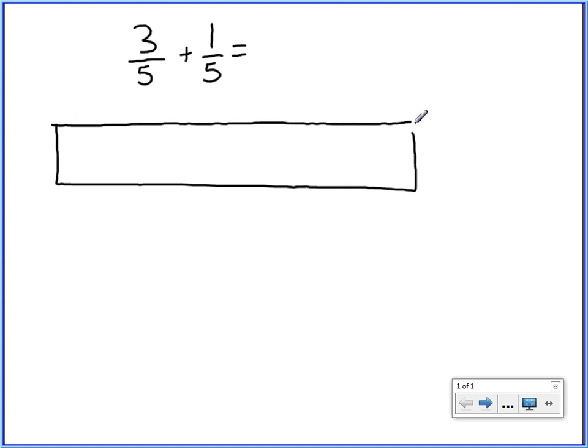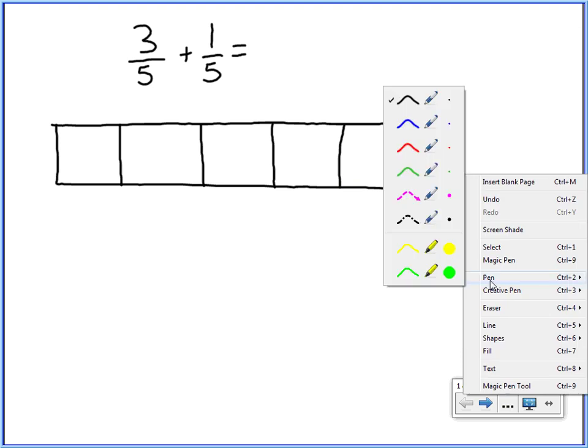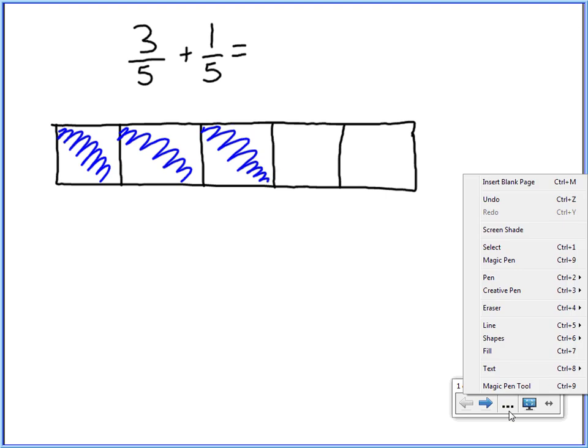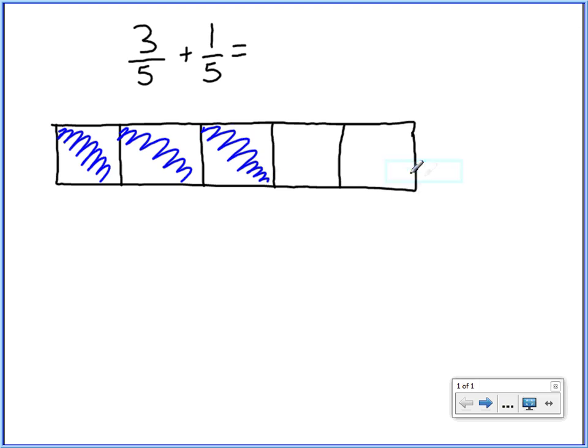I'm going to cut this bar into fifths because my denominator is 5. And I want to shade in 3/5. Now, I'm going to get another color here. And since we are adding 1/5, I'm just going to color in another fifth here.